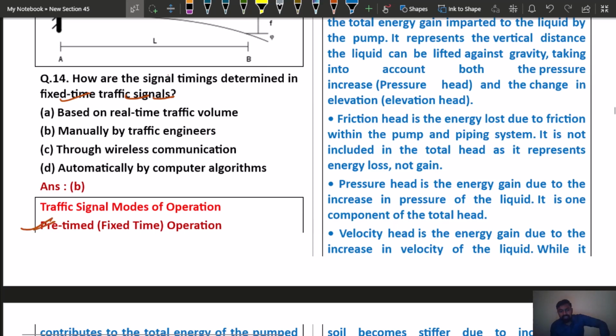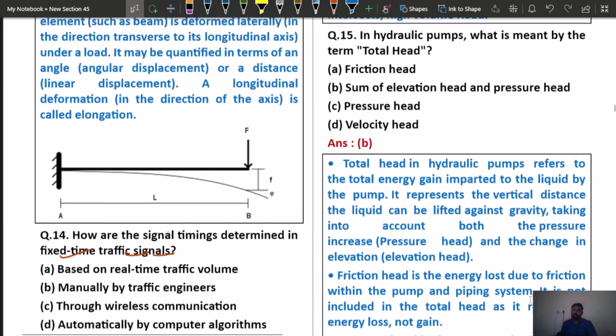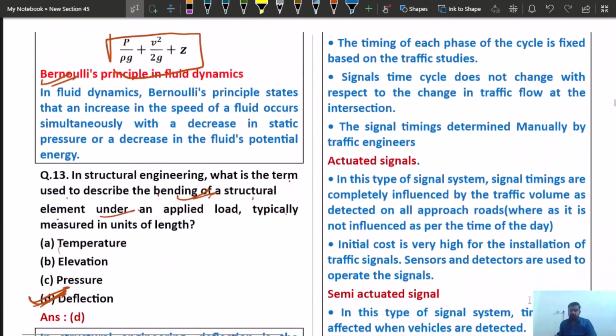Here is pre-timed or fixed operation. In this the timing of each phase of the cycle is fixed. Before fixing this timing, different traffic studies happen. In this method signal times do not change with respect to traffic flow. The signal timing is determined manually by the traffic engineers.